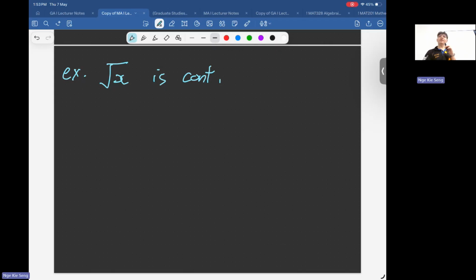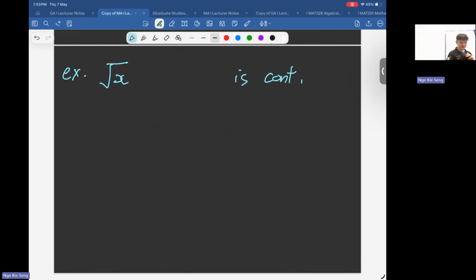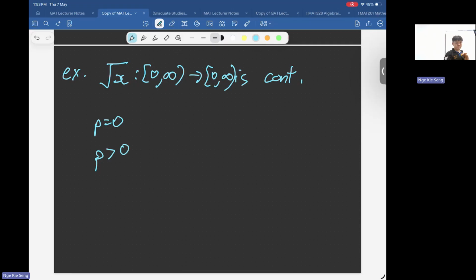It's not on the whole real line. It's just defined from the non-negative half, right? From 0 to infinity. Maybe two cases you can do. One case is p equal to 0. The other case maybe p greater than 0. Yeah. Okay, and then there's some tricky bound you can check.